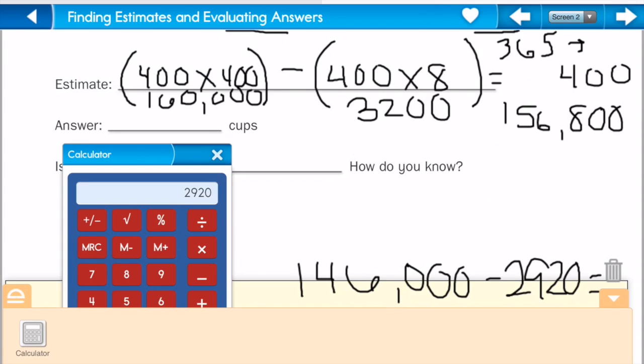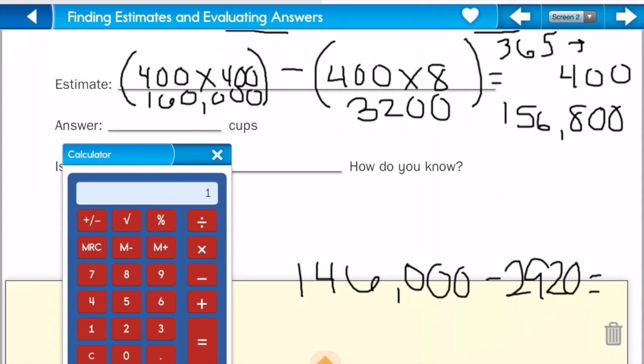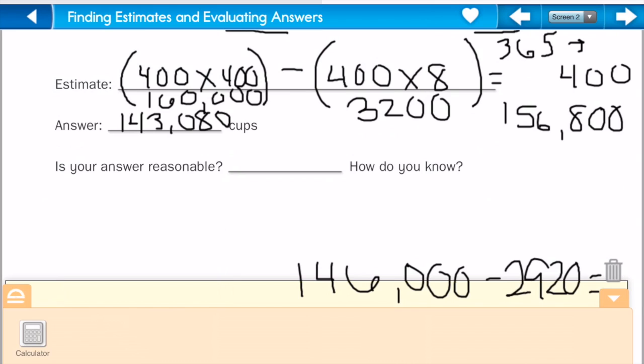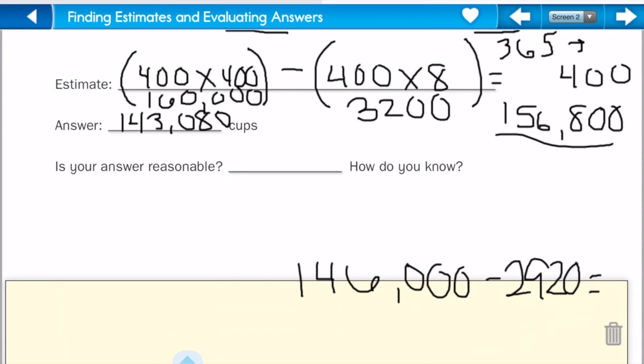Now we'll subtract those. It equals about 143,080. So how do we know our answer is reasonable? Well, our answer is very close to this one, so that's how we know that it makes sense.